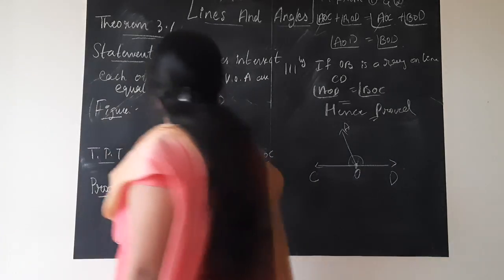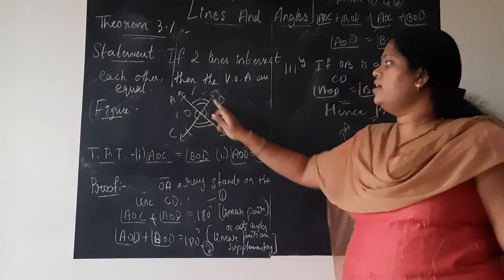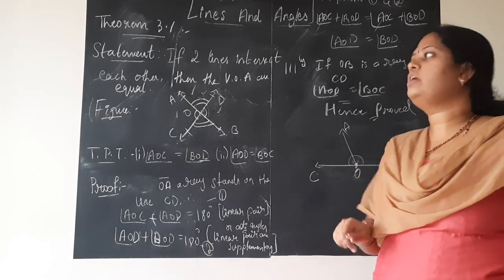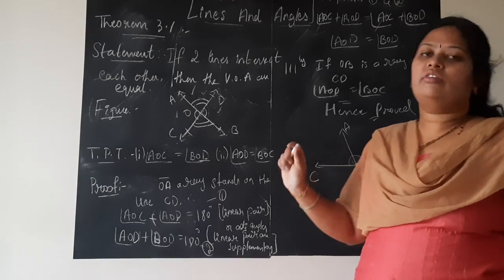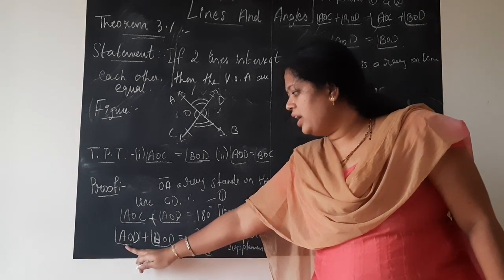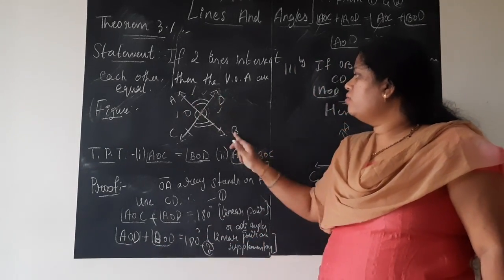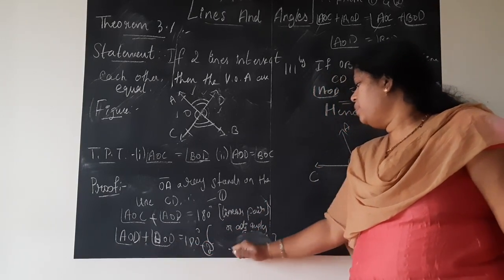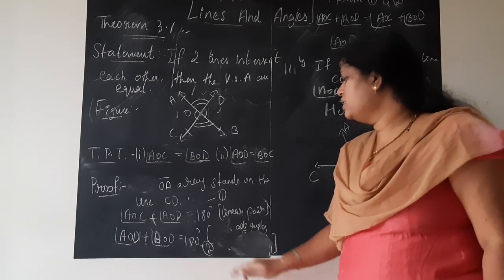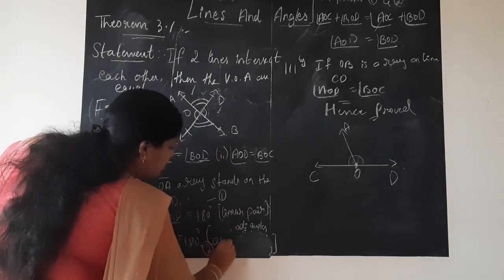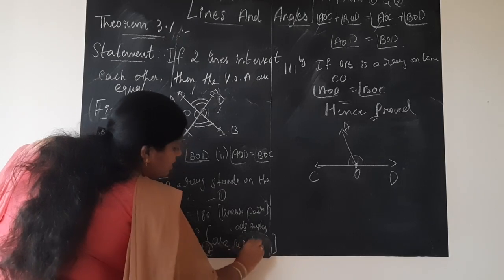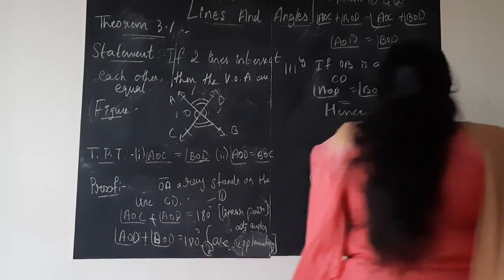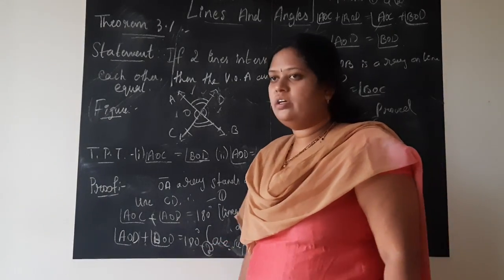It is AOD and DOB that are adjacent angles. So the pair of adjacent angles are also supplementary when a ray stands on a line, children. In the next statement I can write angle AOD plus angle DOB is again 180 degrees. The reason, again in brackets, is adjacent angles are supplementary. In the textbook they have not given the reason, they have asked you why, so you should tell. I will call it equation 2.